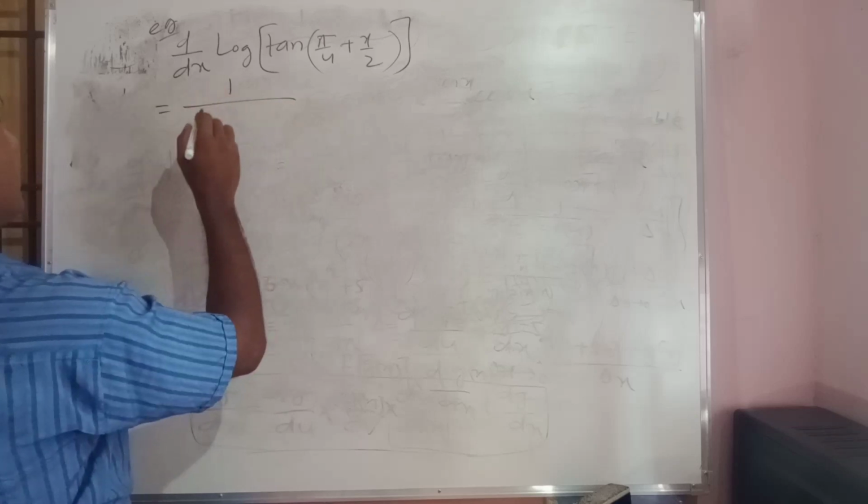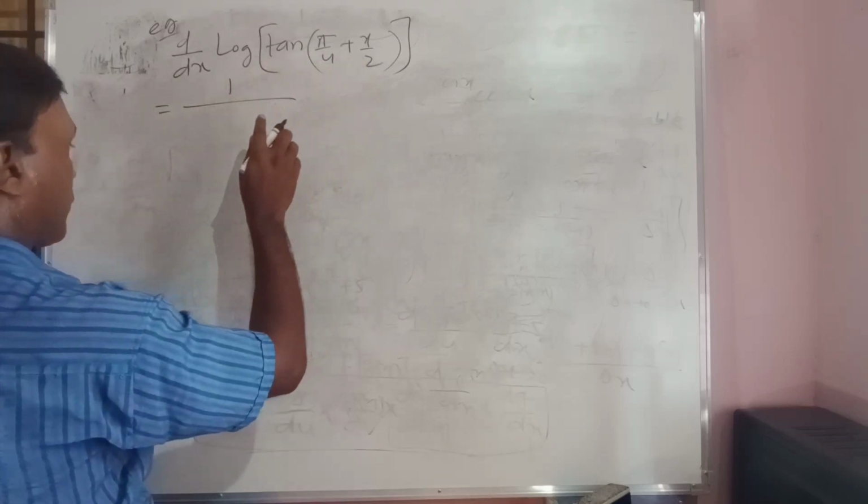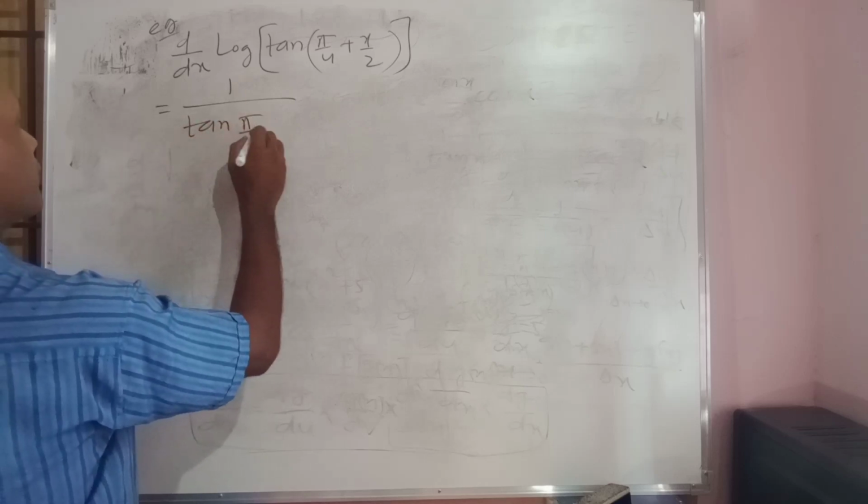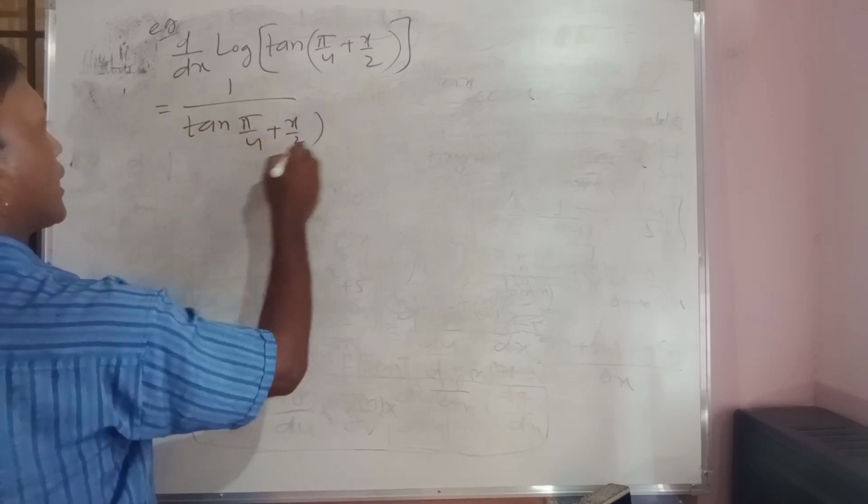That means the derivative of log tan (pi by 4 plus x by 2) is 1 by tan (pi by 4 plus x by 2).